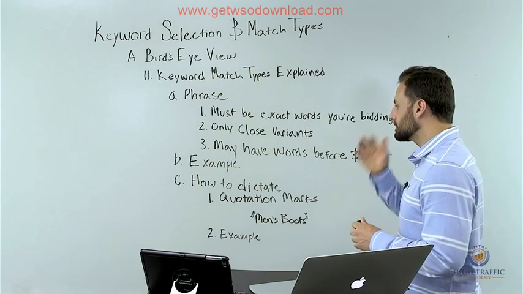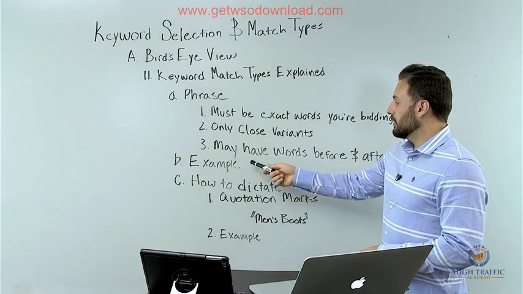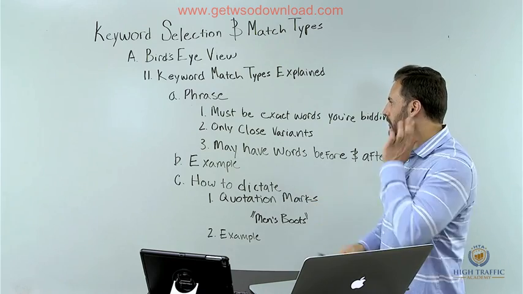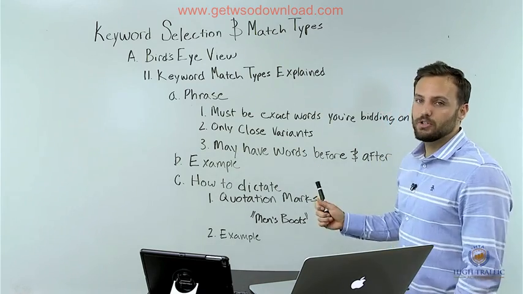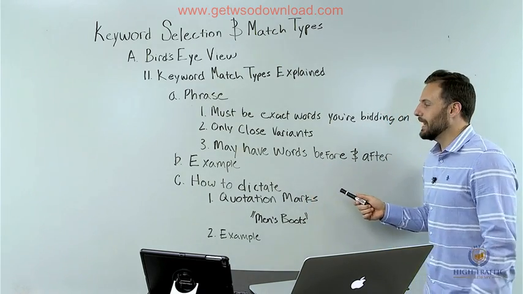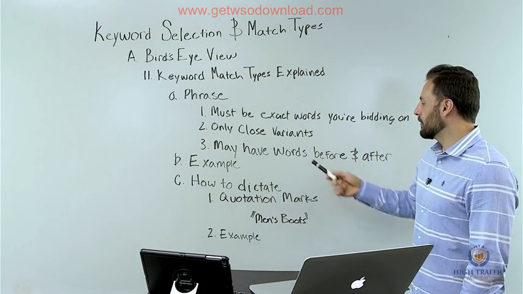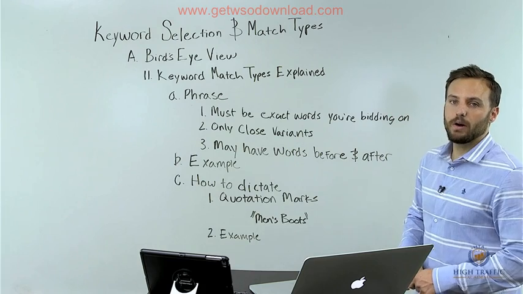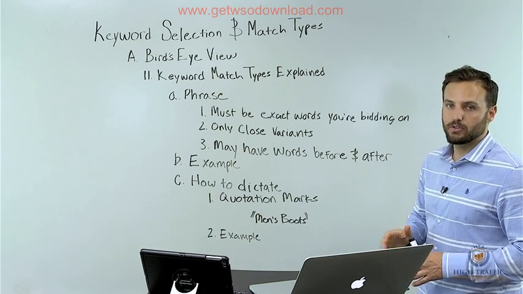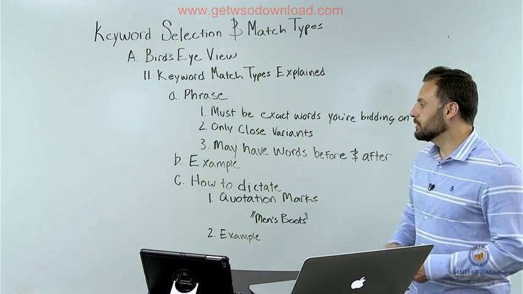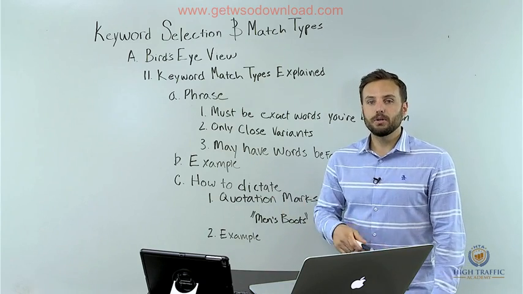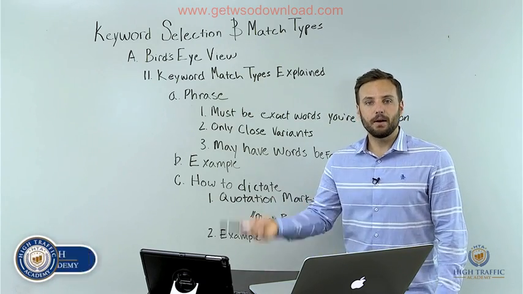The third element here for a phrase match, and this is what differentiates a phrase match from an exact match, is that a phrase match may have words before and or after it in the user's search query. So if the user searches for men's boots for sale, your ad would trigger.